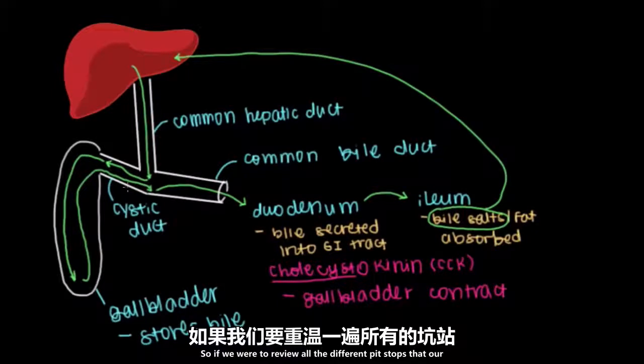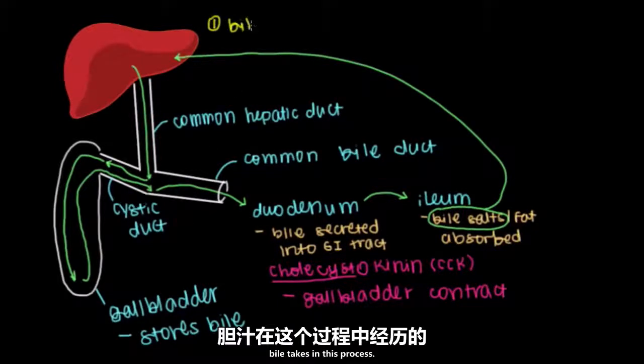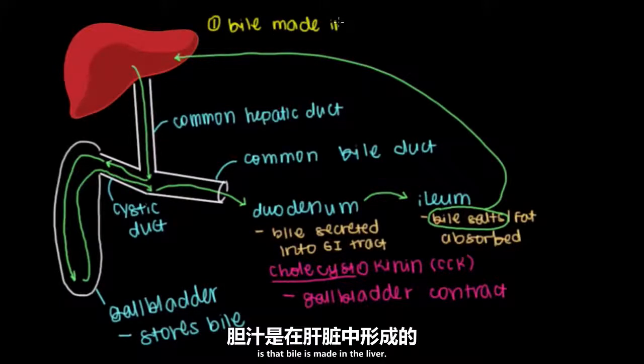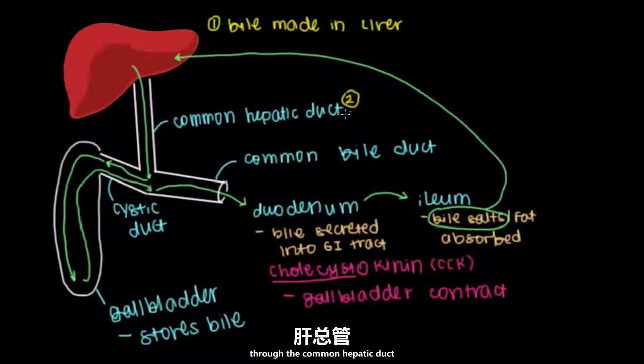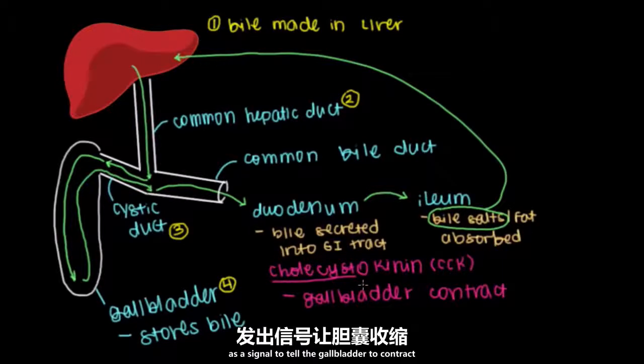So if we were to review all the different pit stops that our bile takes in this process, number one is that bile is made in the liver. Then once it's made, number two, it's going to go through the common hepatic duct and then flow to the cystic duct to be stored in the gallbladder until we receive cholecystokinin as a signal to tell the gallbladder to contract.